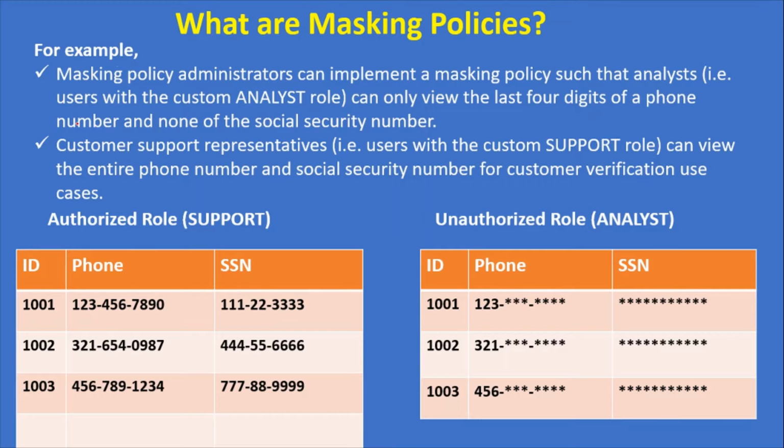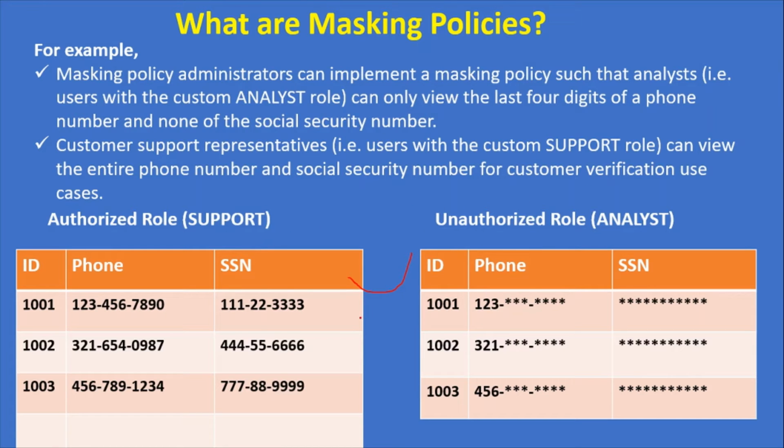For example, a masking policy administrator can implement a masking policy such that the analyst role, that is a user with a custom analyst role, can only view the last four digits of a phone number and none of the social security number, as in the table. Customer support representative is another role. A user with the custom support role can view the entire phone number and social security number for customer verification use cases.